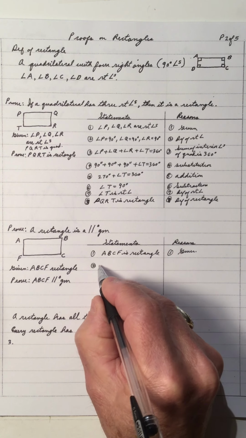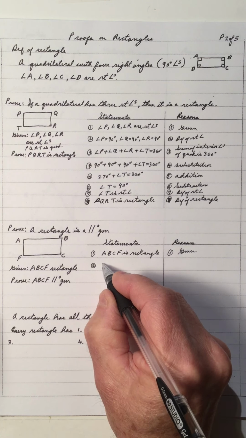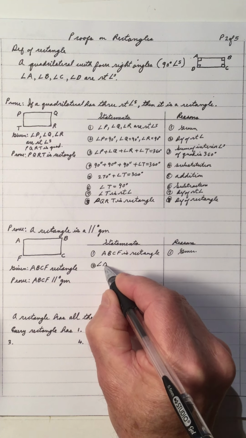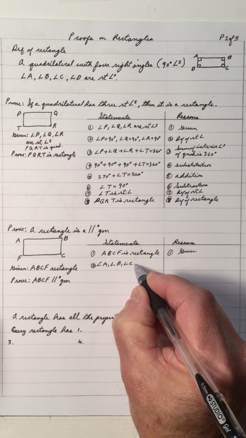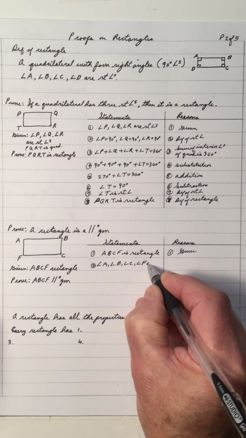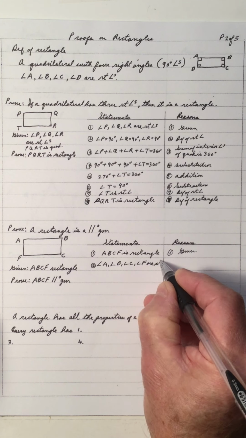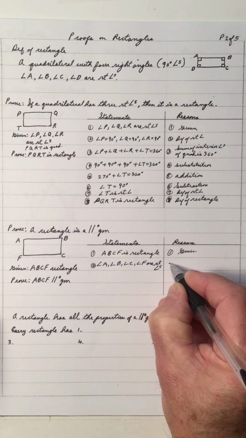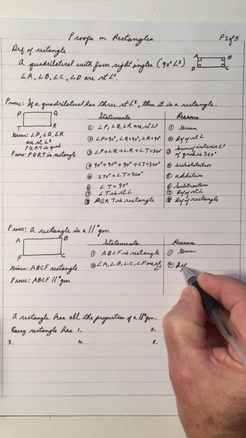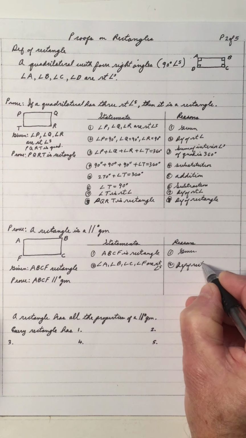That means that angle A, angle B, angle C, and angle F are right angles. And that's the definition of a rectangle.